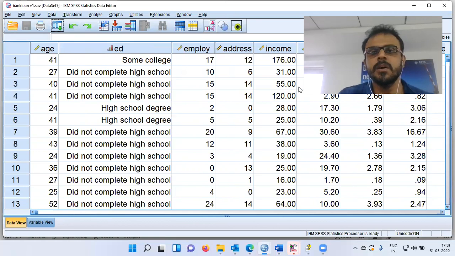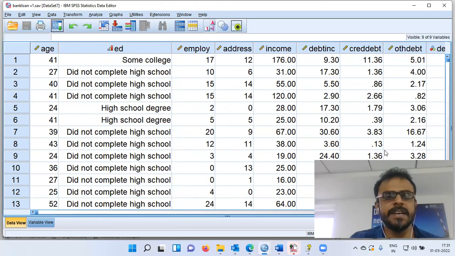You can see here what IBM SPSS does is it displays the entire data set of the customers. What we have here is historical data of customers who were part of the bank.